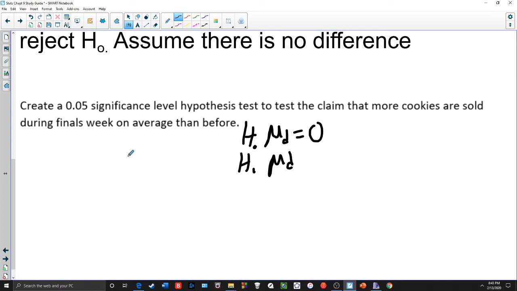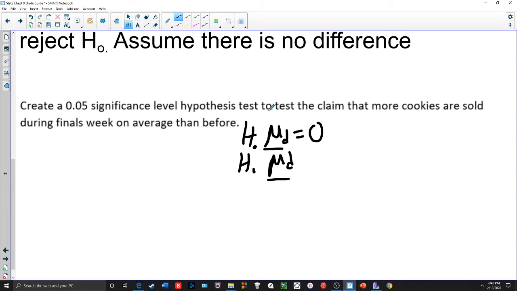So we're going to create a hypothesis test to test this claim. And as I'm reading this here, that more cookies are sold during finals week on average than before, this is actually a little bit strictly worded. So what I thought was going to happen actually isn't. I thought we were going to conduct a difference test. But if you notice here, they kind of switched up on us.